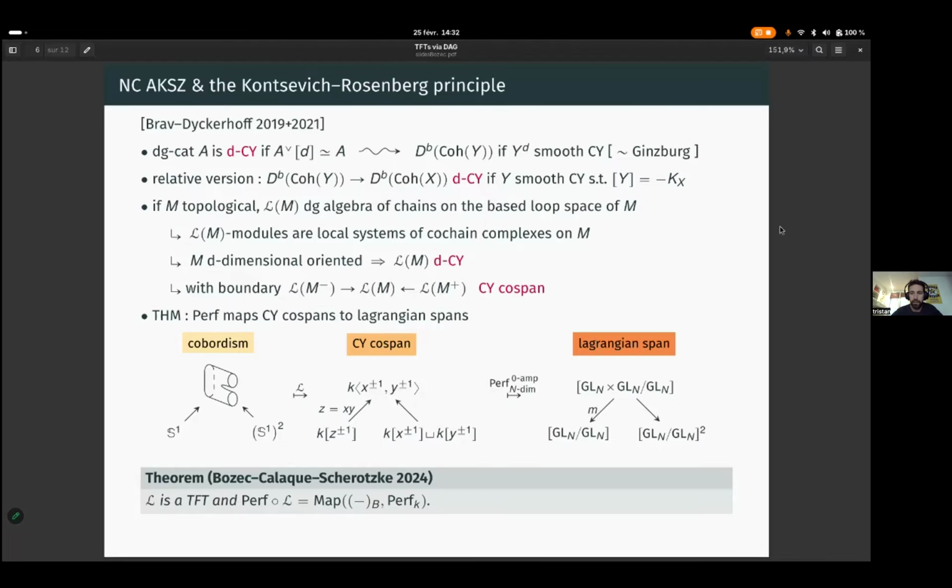So, all right, there's also a relative analog to this story. A morphism will be called d-Calabi-Yau. Sorry, there was another follow-up question. Does that also preserve Morita equivalences? What does? Does it preserve Morita equivalences? Shifting. Yes.